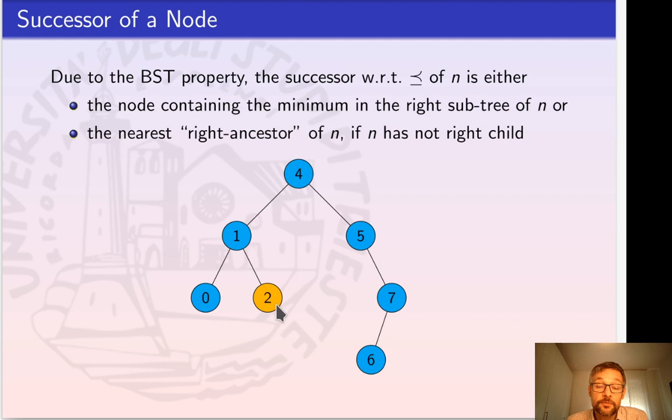In this case, for instance, I go to 1, and since the parent of 1 is 4, which is on the right with respect to 1, 4 is the nearest right ancestor, and 4 will be the successor of 2. And this is due to the BST property, of course.